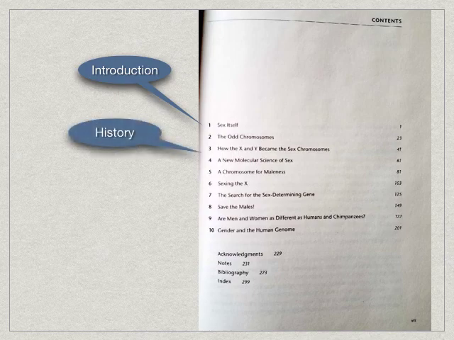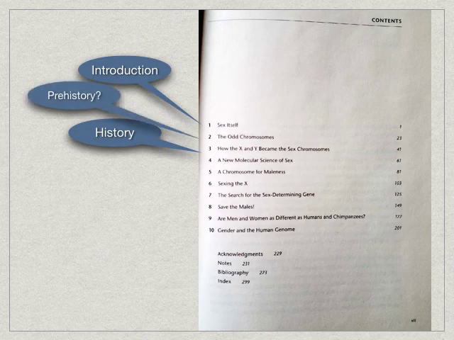The second chapter we're not so sure about yet, but we look at the third, and how X and Y became the sex chromosomes is obviously a historical chapter, so we can probably guess that the second chapter is also history, and maybe kind of the prehistory of the sex chromosomes as a reasonable guess.